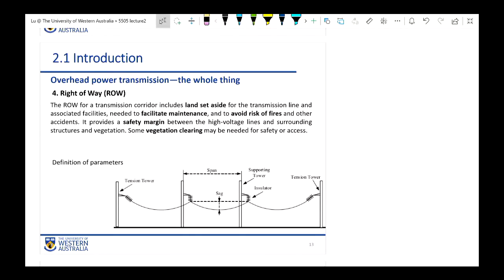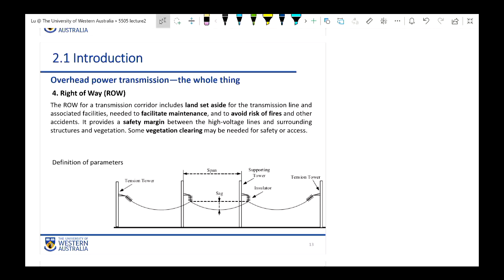Right of way, we call it ROW. The right of way for transmission corridors includes land set aside for the transmission line and associated facilities needed to facilitate maintenance and to avoid risk of fires and other accidents. It provides a safety margin between the high voltage lines and the surroundings.